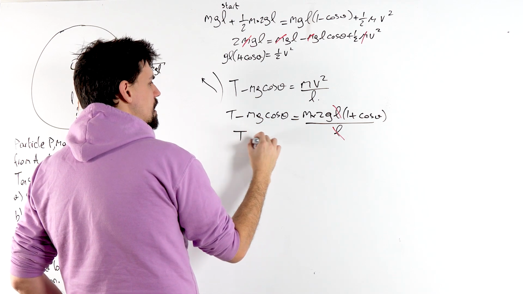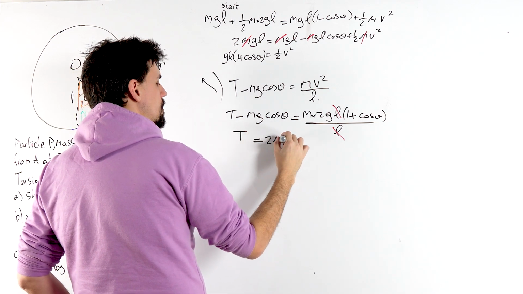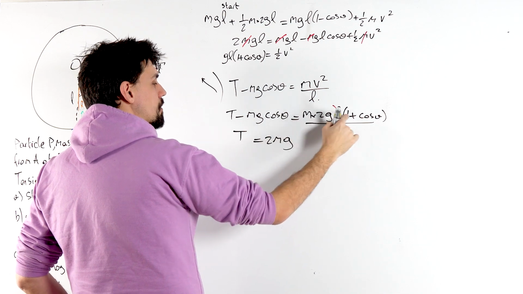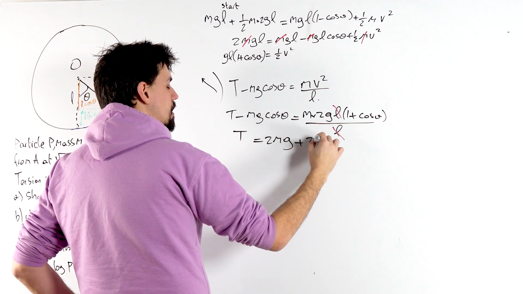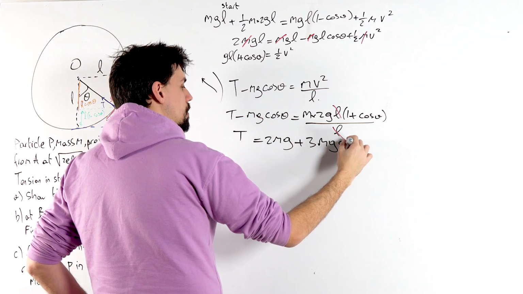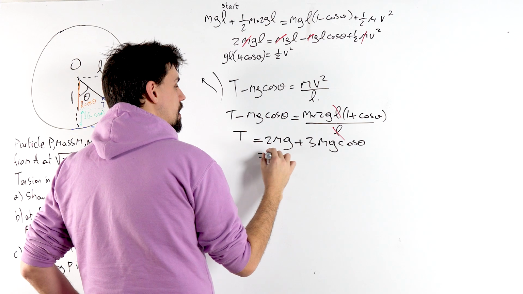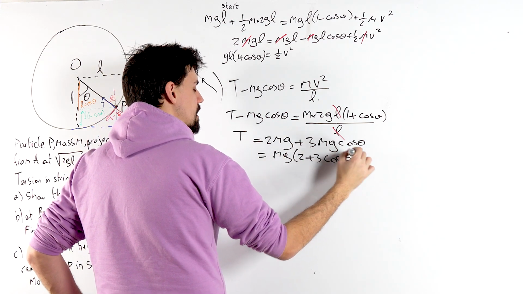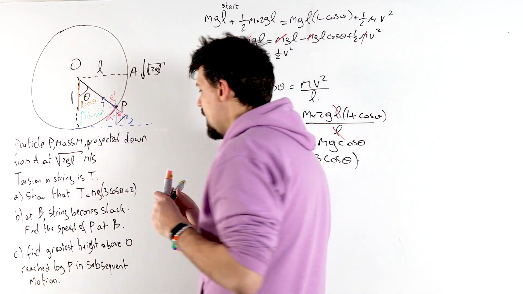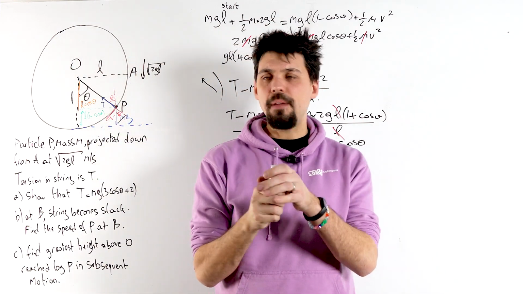So T is equal to 2mg plus 2mg cos theta, plus another mg, plus 3mg cos theta, which gives me the result that I want. Awesome, so far so good.